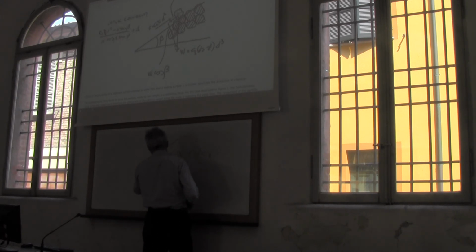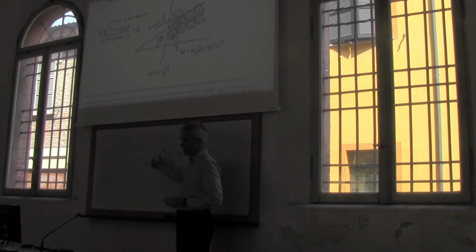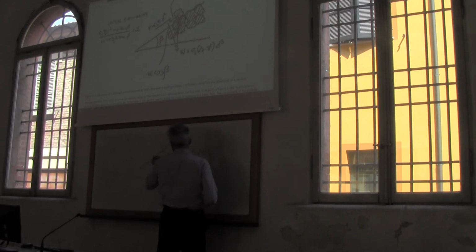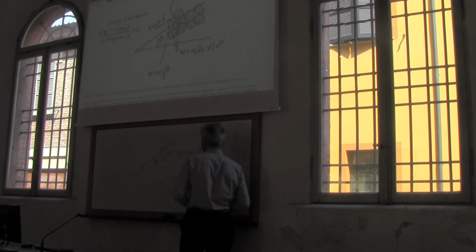The component that is perpendicular to the slope is stabilizing. The component that is parallel to the slope is destabilizing the boulder. Okay, the component perpendicular to the slope is W cos beta.